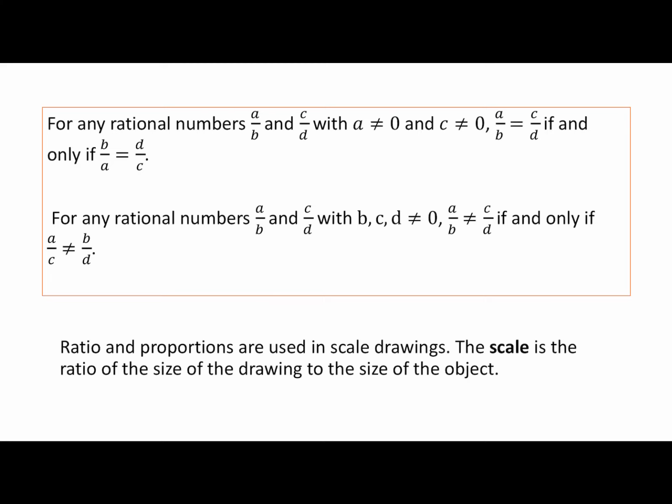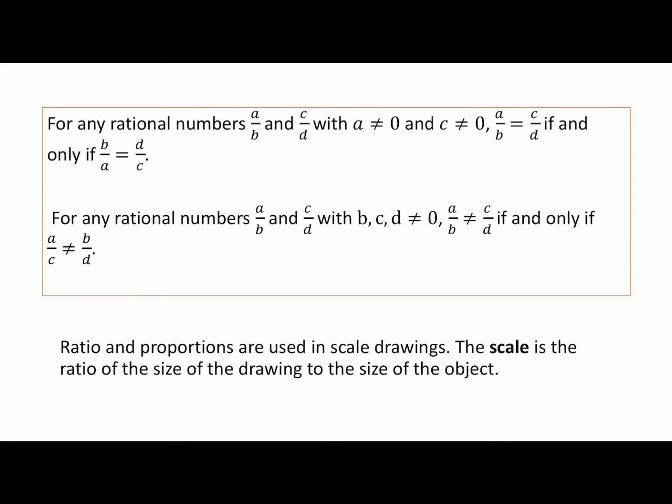All right, so here are a couple more facts. This first one is just saying that if I have two ratios that are equivalent, or two fractions that are equivalent, so A over B equals C over D, where the numerators are also non-zero, then I can flip both of those fractions and I still get equivalence.